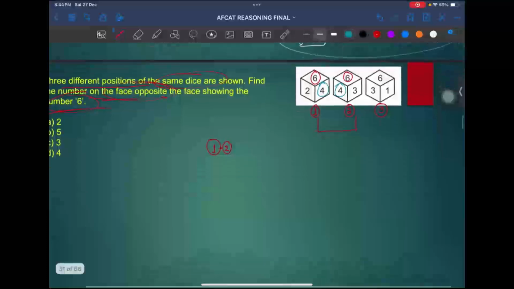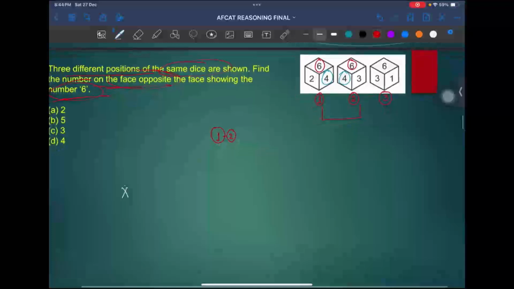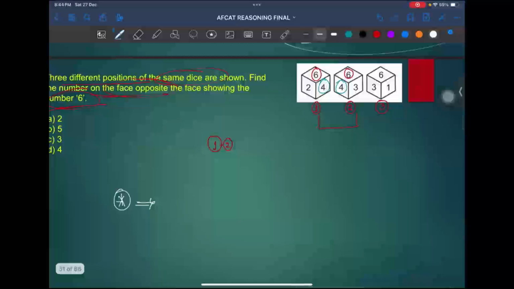This is the disclaimer, you just need to remember that when you compare two dice, for example 6, if you consider 6 as the first face, the remaining 2 and 4 will be the adjacent numbers.